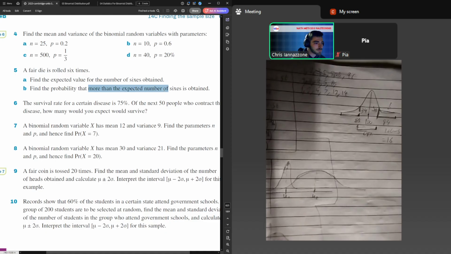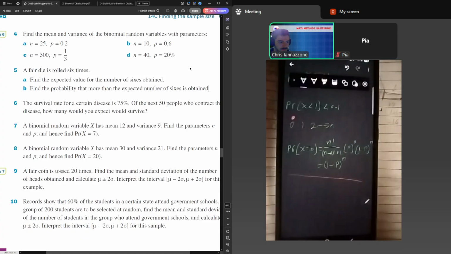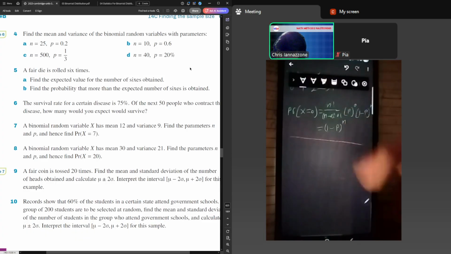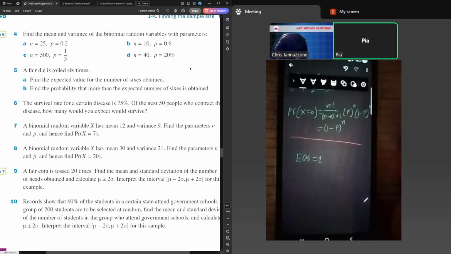Find the probability that more than the expected number of 6s is obtained. So we can say that 6 times 1/6 is just 1. That's pretty easy. So what does that do for us as far as solving for p? Could we transpose the equation to find p?